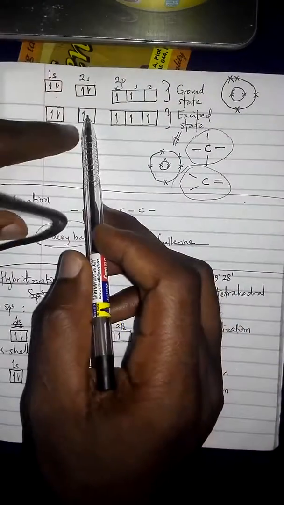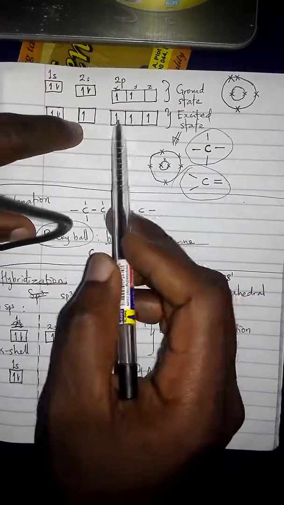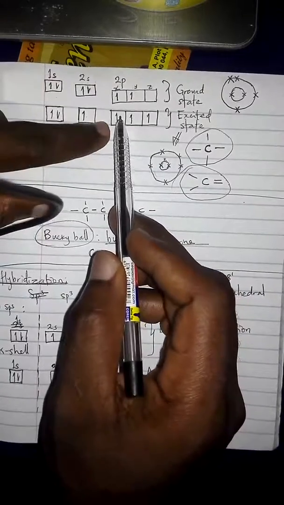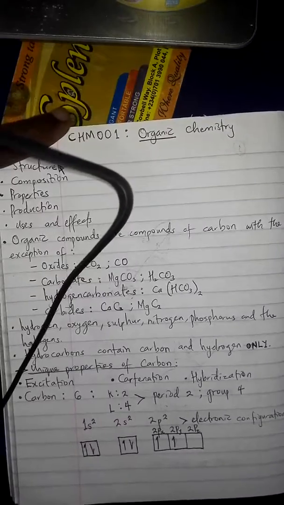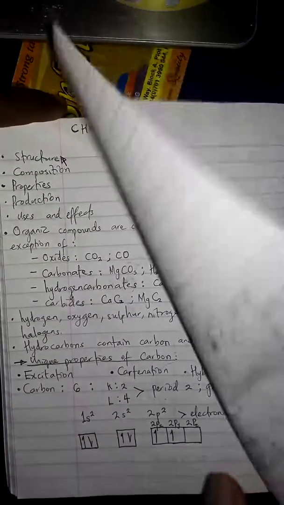Now sp2 hybridization simply means that you have one s orbital blending with two p orbitals, and those are the 2px and 2py orbitals. So what is going to be formed when the hybridization occurs? What will the sp2 hybrid orbitals look like?